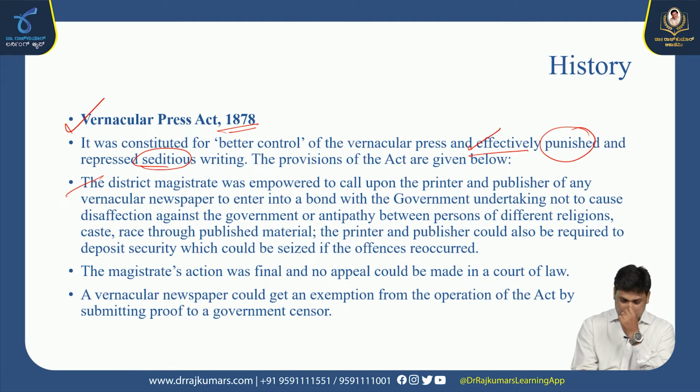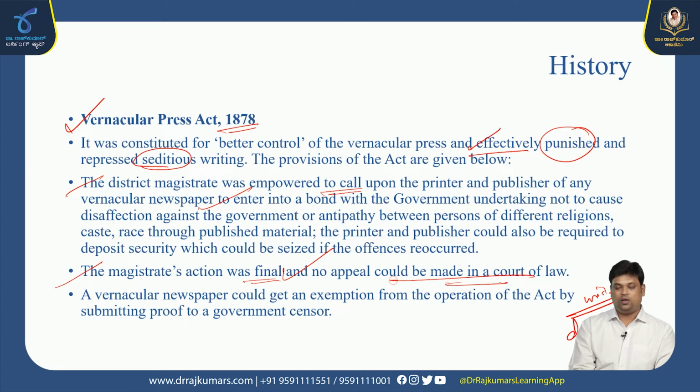A district magistrate was empowered to call upon the printer and publisher of any vernacular newspaper to enter into a bond with the government, undertaking not to cause any kind of disaffection against the government. If somebody writes against the government and creates disaffection among the people against the British government, there will be action. The decision was final and no appeal could be made in a court of law.